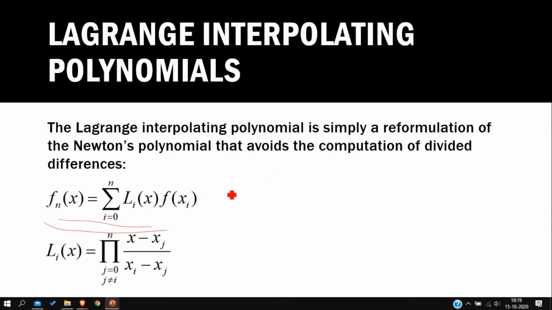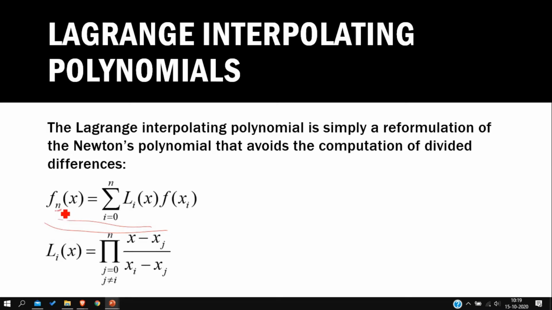This is the first relation that you have to remember: fn of x equals sigma i equals 0 to n, Li of x times f of xi. Here n can be 0, 1, 2, etc., depending on the type of polynomial we are preparing. If n is 1, this becomes a linear polynomial.